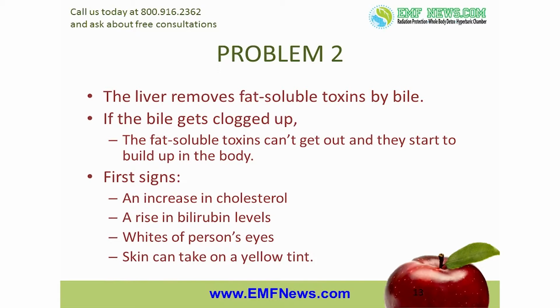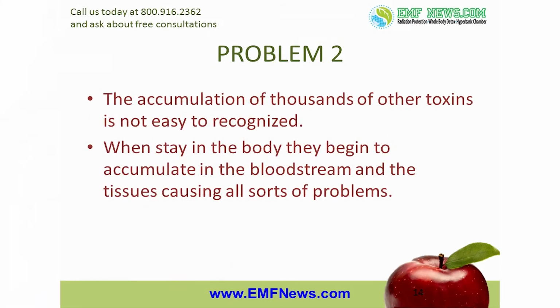If they get to be bad enough, you can see the whites of a person's eyes, and sometimes their skin, take on a yellow tint. The technical term for this is jaundice. While an increase in cholesterol and bilirubin levels in the body is easy to recognize, the accumulation of other toxins is not. Literally thousands of toxins and chemicals are processed by the liver for removal through the bile each day.